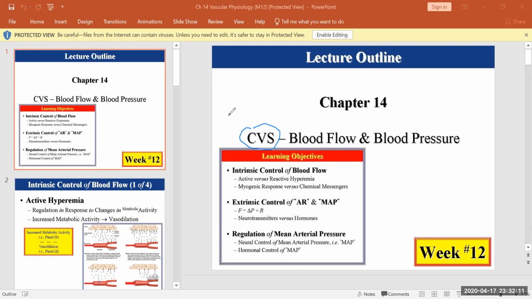So to put it simply, we're going to look at factors that can affect how blood flows. At the end of the chapter, I'm hoping that you understand what the driving force is, what the engine is, what the force is pushing blood through the blood vessels, through the vascular system.